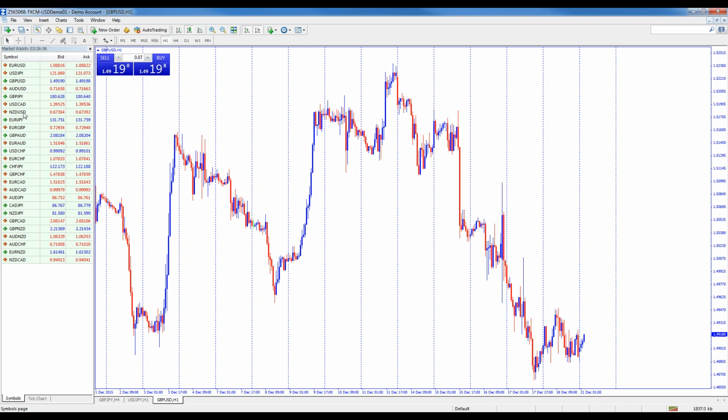And you hear the term cross. Cross takes the EUR USD and the GBP USD right here. Those are both paired with the US currency.